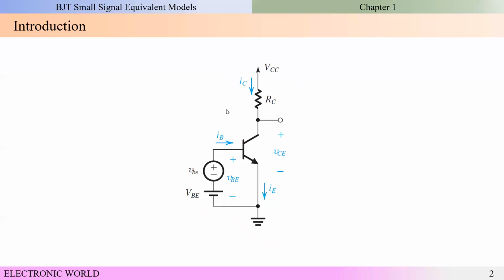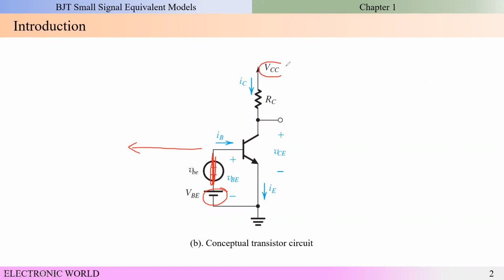So how can we draw the bias circuit using this conceptual circuit? To draw the bias circuit, we short circuit the small signal sources, but the bias voltages we keep as they are.